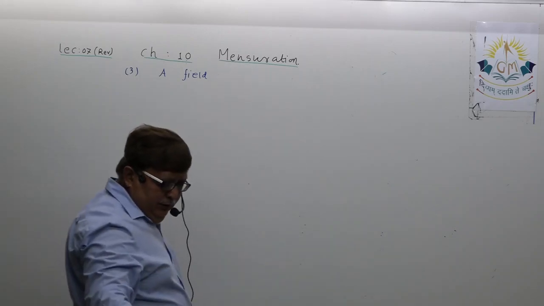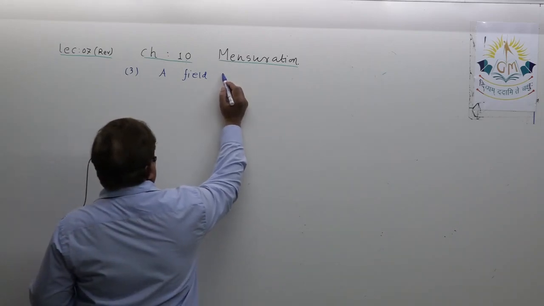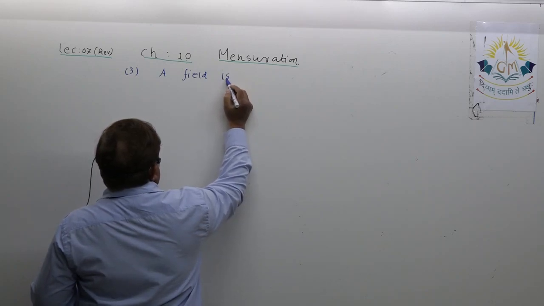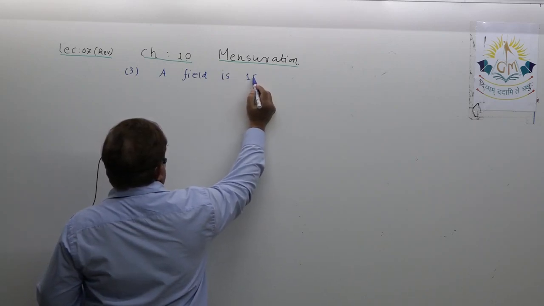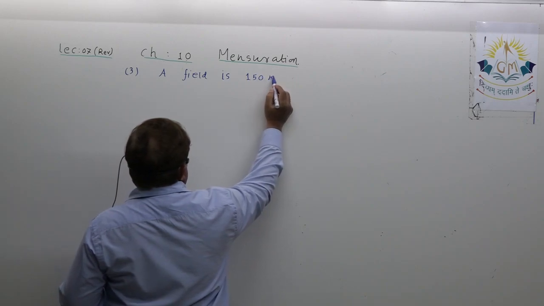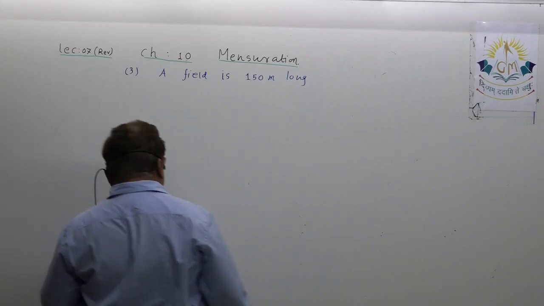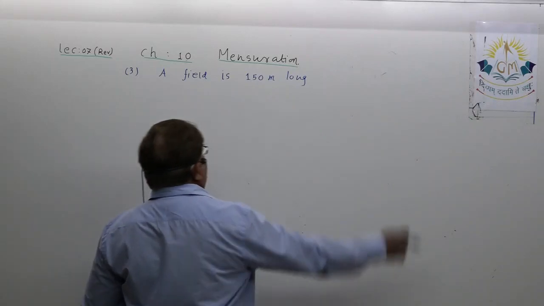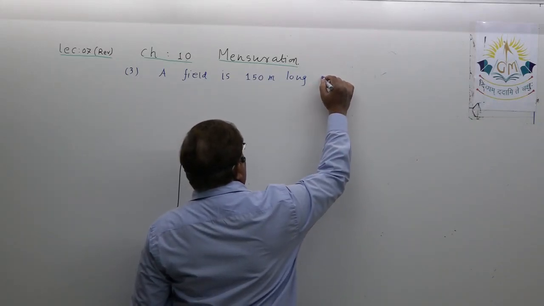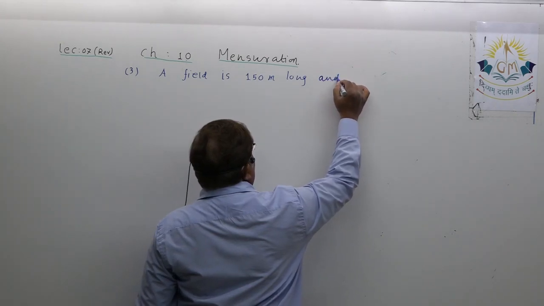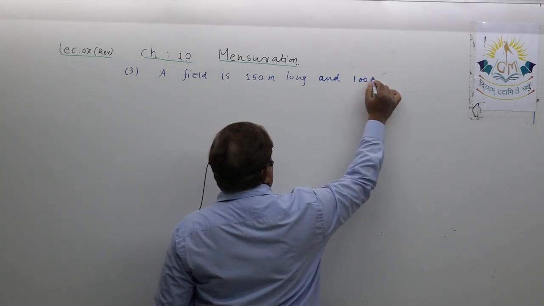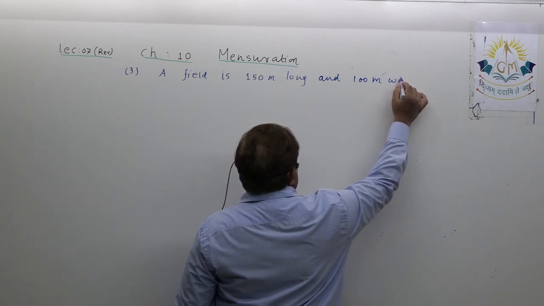A field is 150 meter long and 100 meter wide.